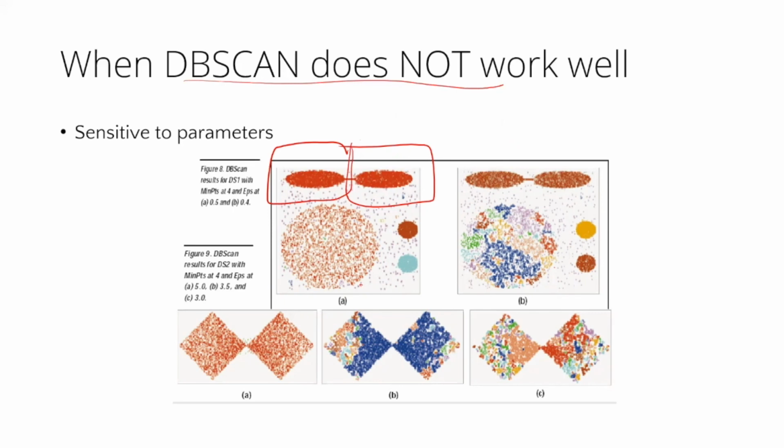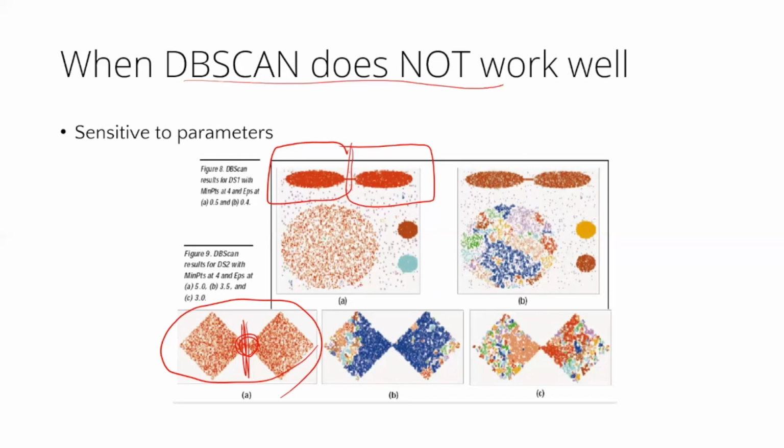At the bottom, there's another similar scenario. So we have two square-shaped distributions together like this. And then, in the middle, the squares touch each other. And it happens that no matter how you set the epsilon value and the min point value, there's no way to resolve this connection. So you end up having a cluster that considers those two squares as the same thing.